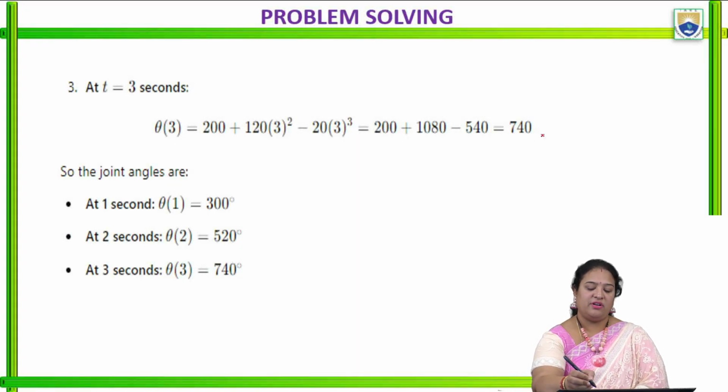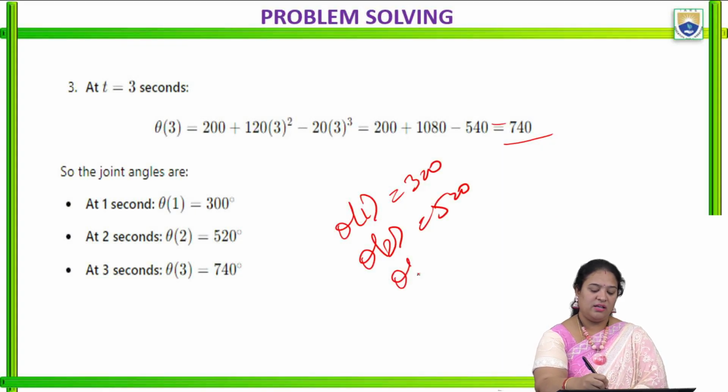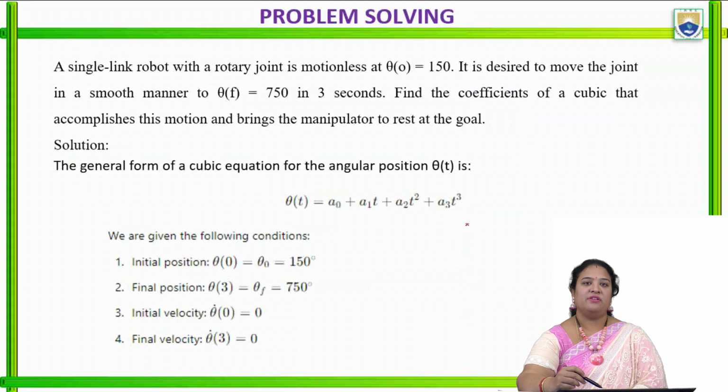And at 3 seconds, theta of 3, we are getting as 740. So at 3 seconds, we have got theta of 1 is equal to 300, theta of 2 is equal to 520, and theta of 3 is equal to 740.